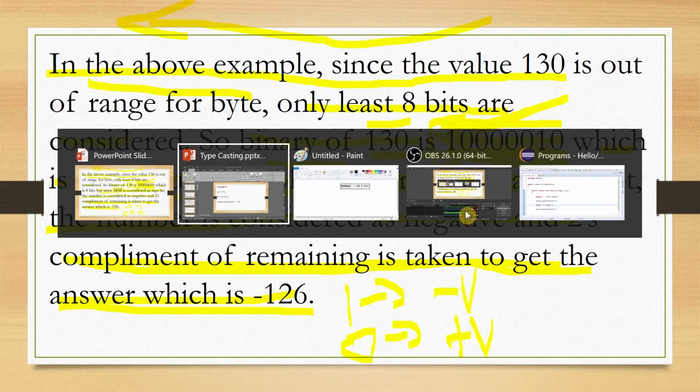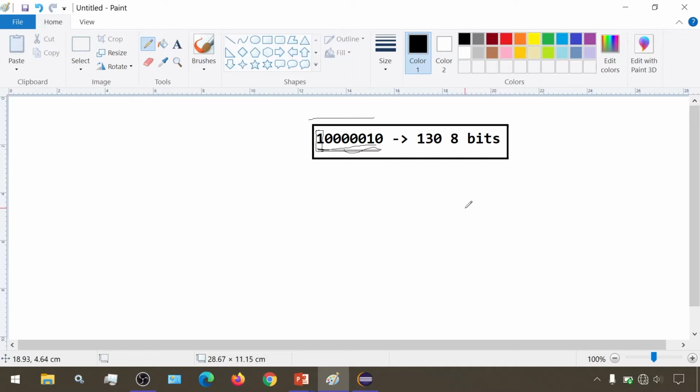For the whole part excluding this one, these remaining 7 bits, it will take the 2's complement.